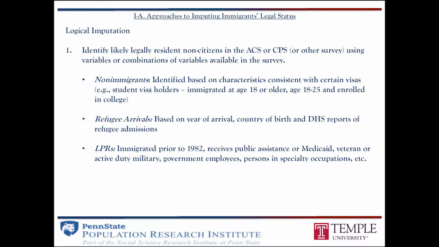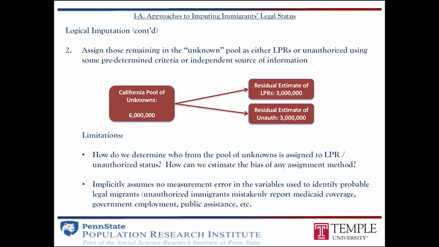Researchers take a population survey, such as the American Community Survey or the Current Population Survey, and impute legal status. That is, immigrants' legal status is assigned based on characteristics known to correlate with specific sorts of statuses. Those immigrants not assigned to a status through logical imputation are then randomly assigned to the status of LPR or unauthorized, but this raises a number of questions.